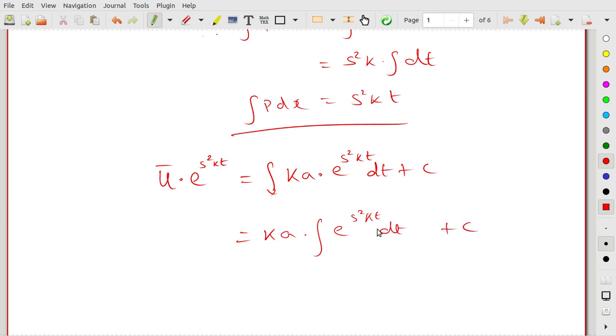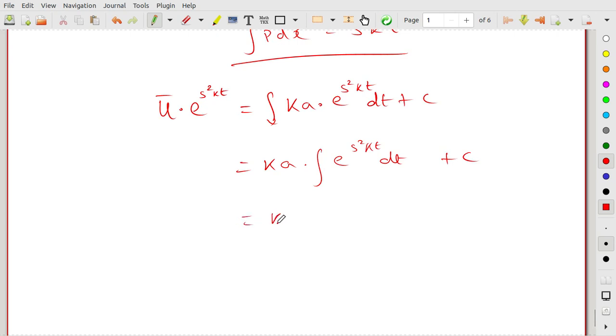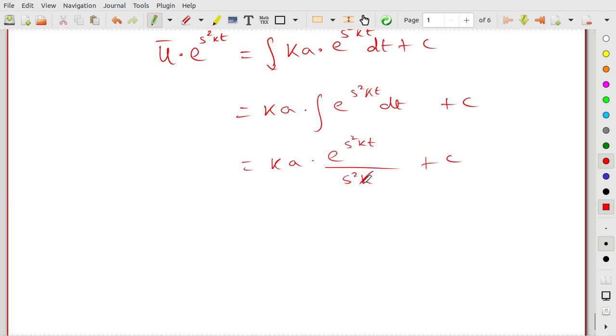and we have a c here, and if we integrate this, we can have ka into e power s square kt divided by s square k, plus c, and this k and the k get cancelled, and we have a by s square e power s square kt, plus c.